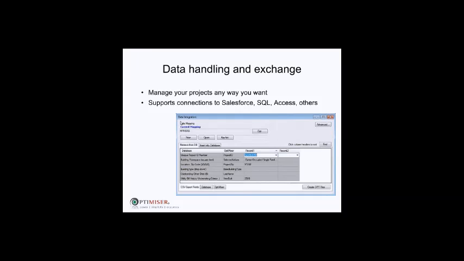You give it your credentials, let's say to your Salesforce database, and it presents you with all your fields, and you do a mapping right there between Optimizer fields and your Salesforce fields. Then you can save that, and you can save multiple mappings, and then you can push and pull information to and from Optimizer. So we don't have in this tool a project management system, a web-based back-end that we're presenting here. We just make it flexible enough to connect to whatever back-end system you want to use.